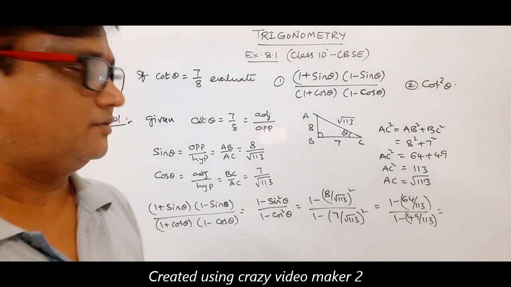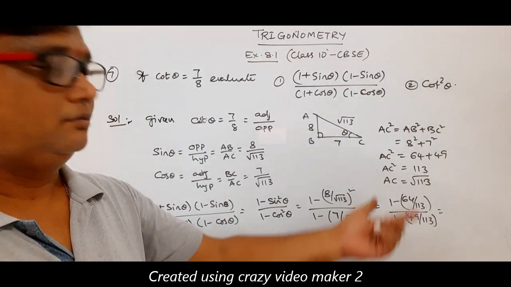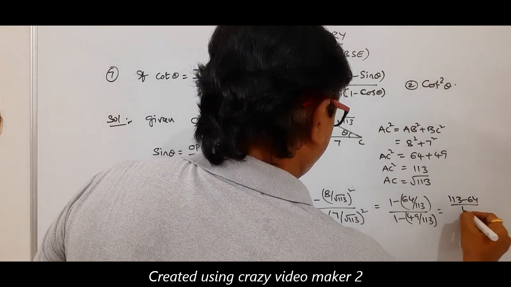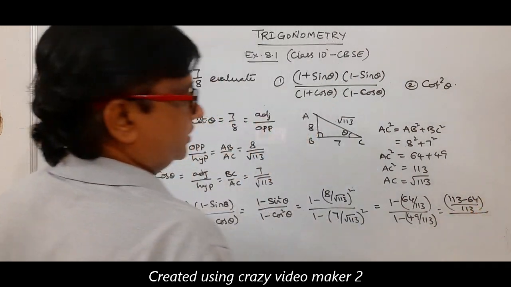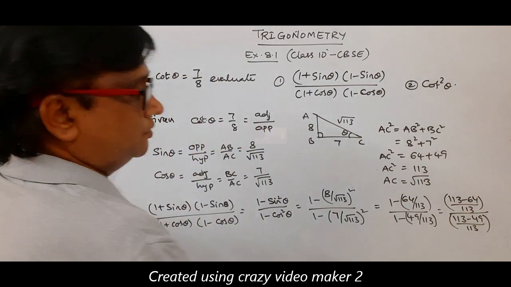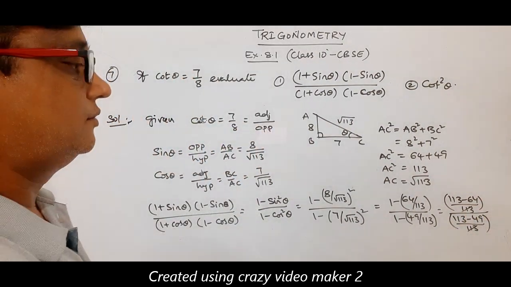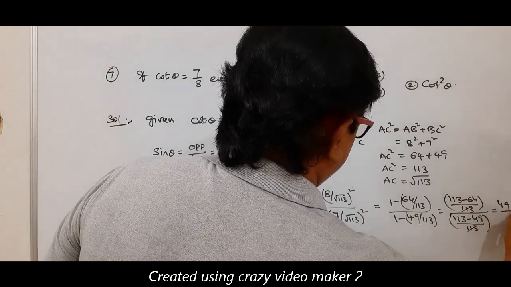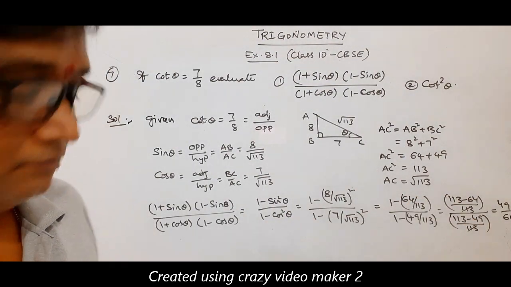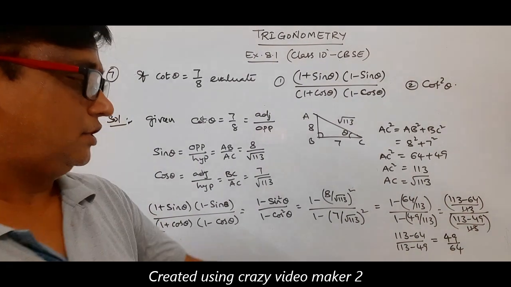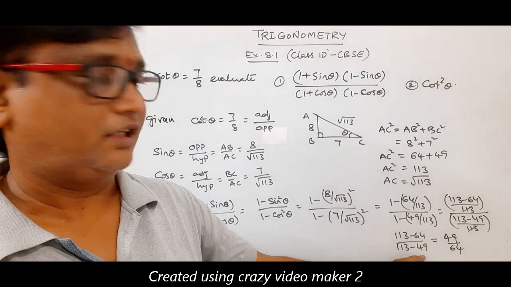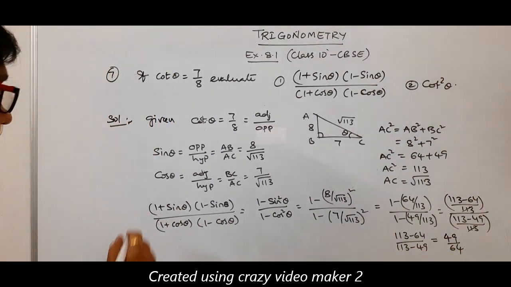So 113 minus 64 by 113 minus 49, that is 49 by 64. 113 cancels. This is the first answer.